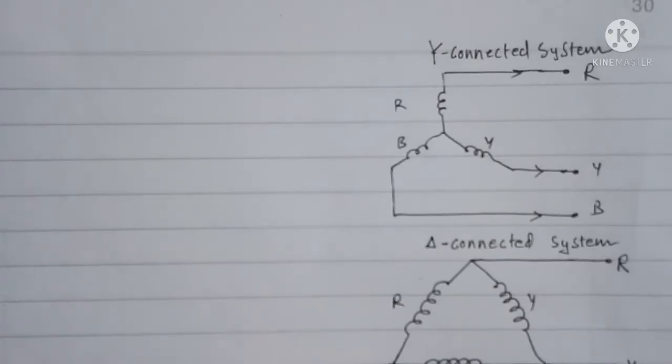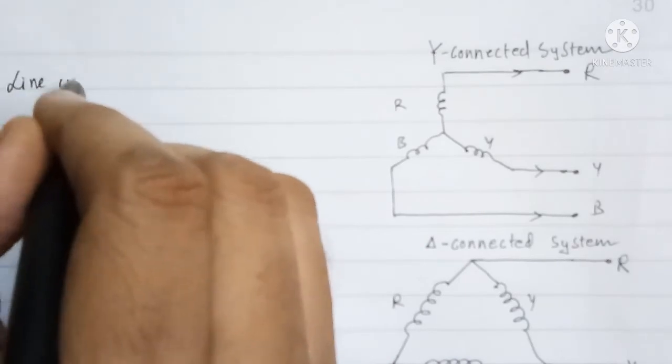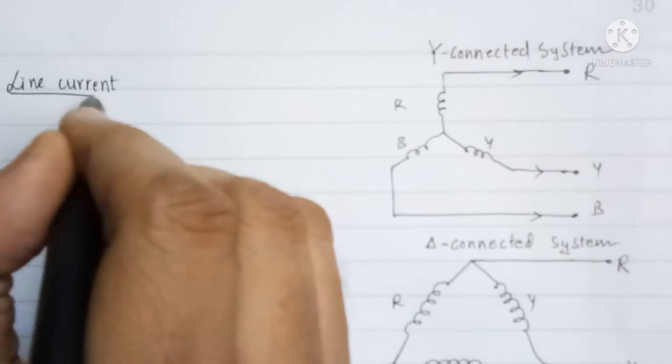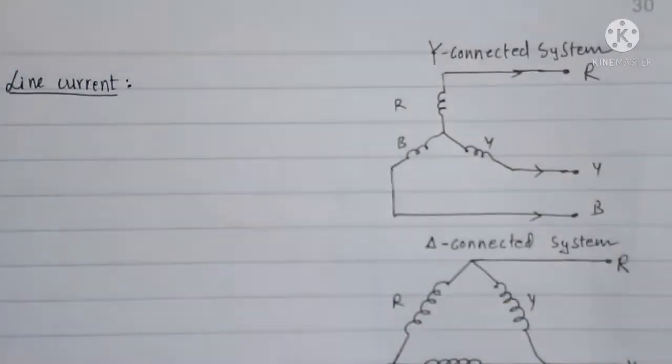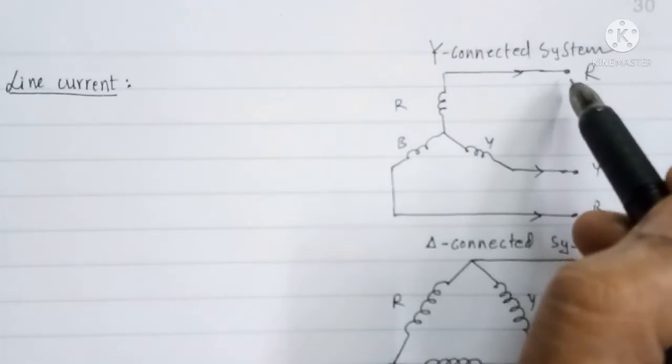Now we will define line current and phase current for star connected system and delta connected system. So here is a line conductor now.